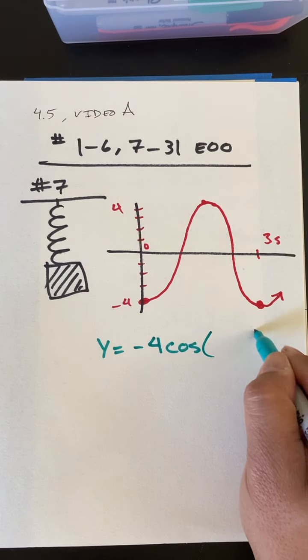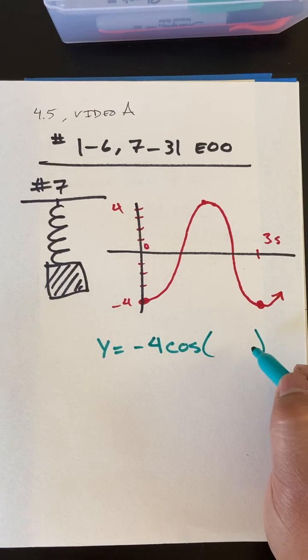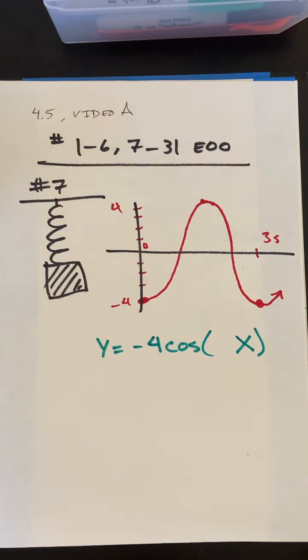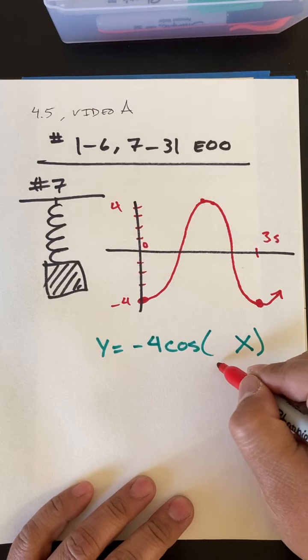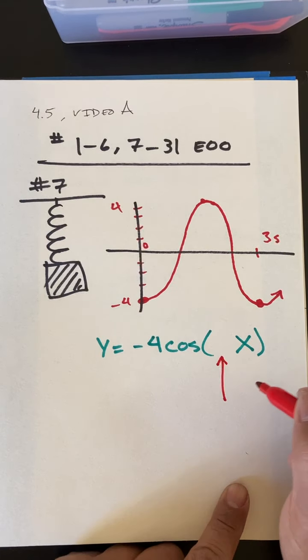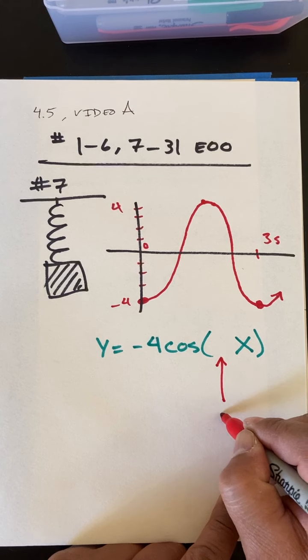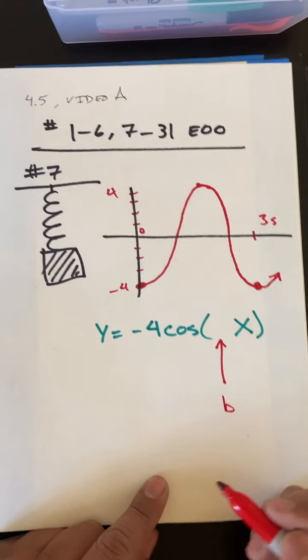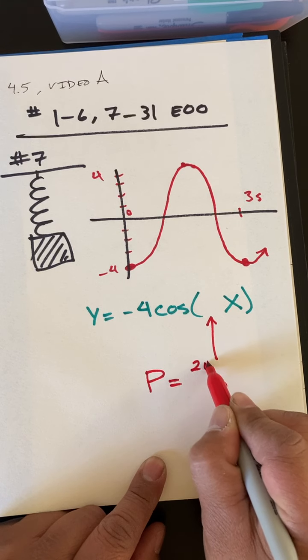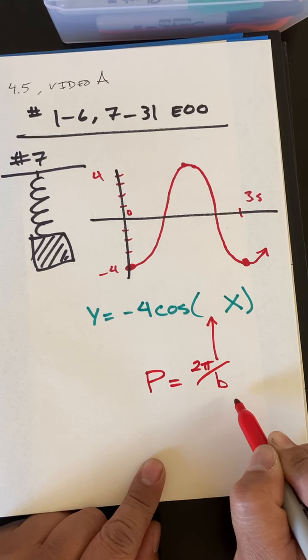Now, the period is 3 seconds, so I need an x here. However, this is not the period. This is b. And don't forget that the period equals 2 pi divided by b.